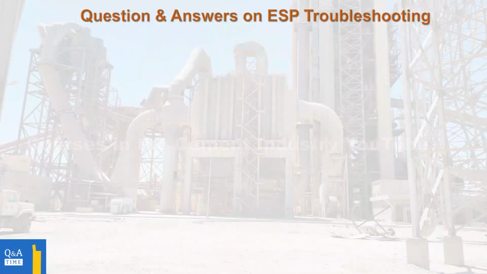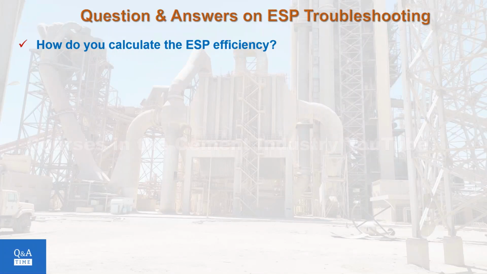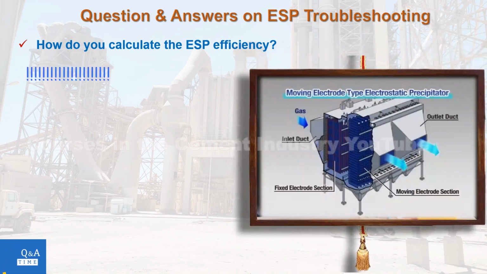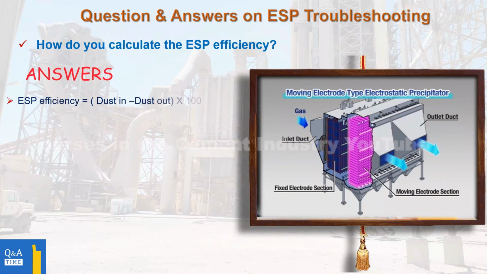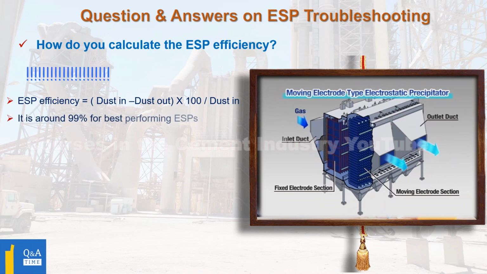Question 14. How do you calculate the electrostatic precipitator efficiency? Answer. Electrostatic precipitator efficiency equals... It is around 99% for the best performing electrostatic precipitator.